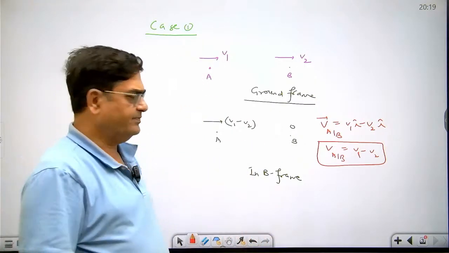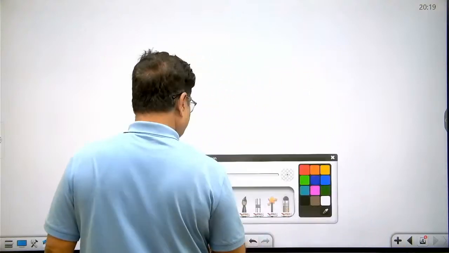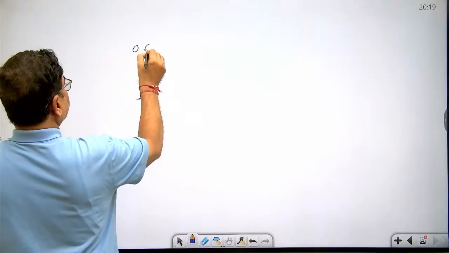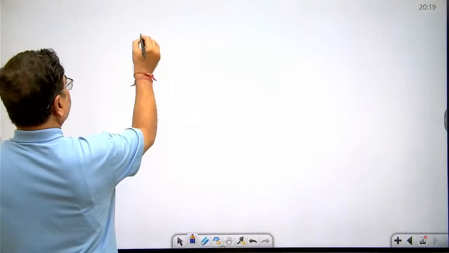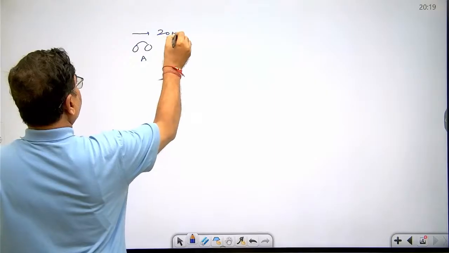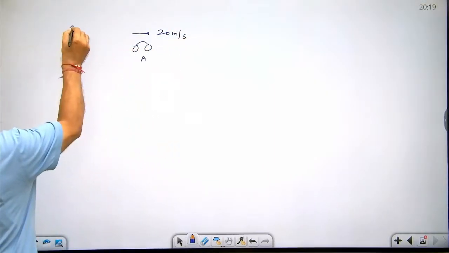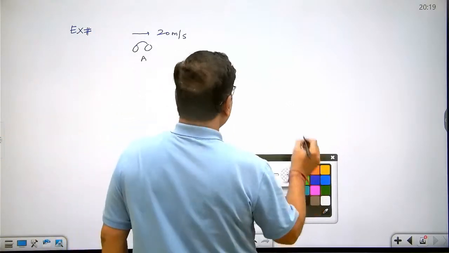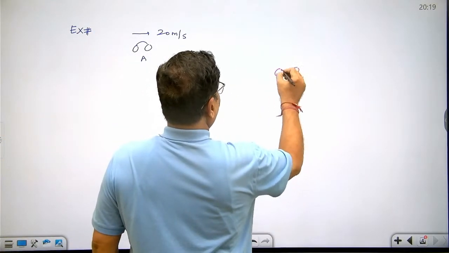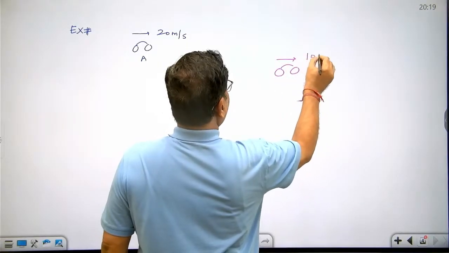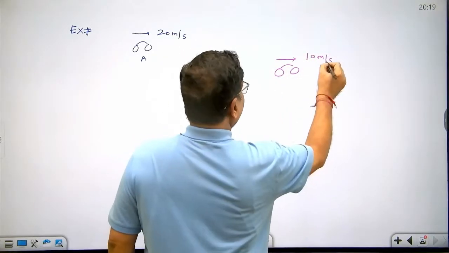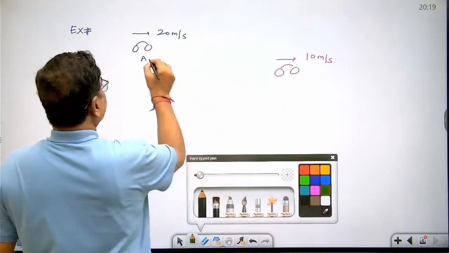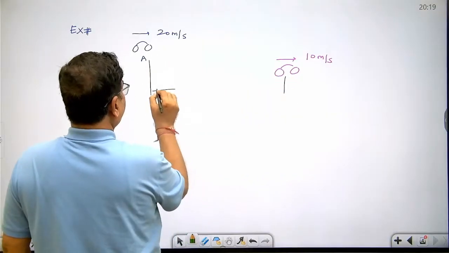Let's see one problem. Dear student, this is car A moving with velocity 20 meter per second, and this is another car B moving in the same direction with velocity 10 meter per second, and the separation between the two cars is 100 meter.